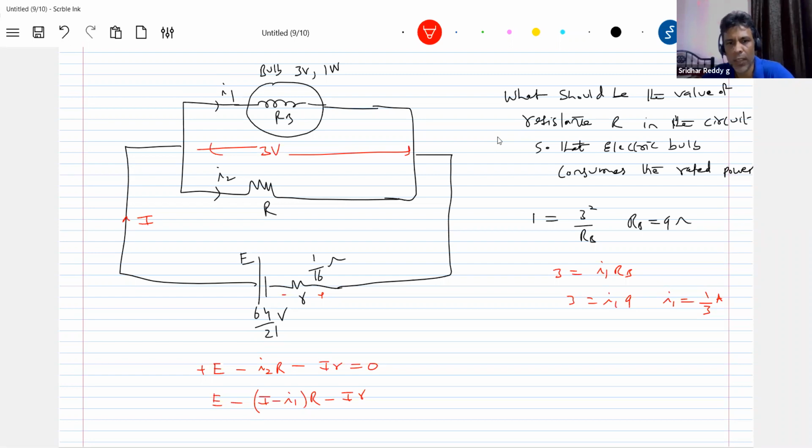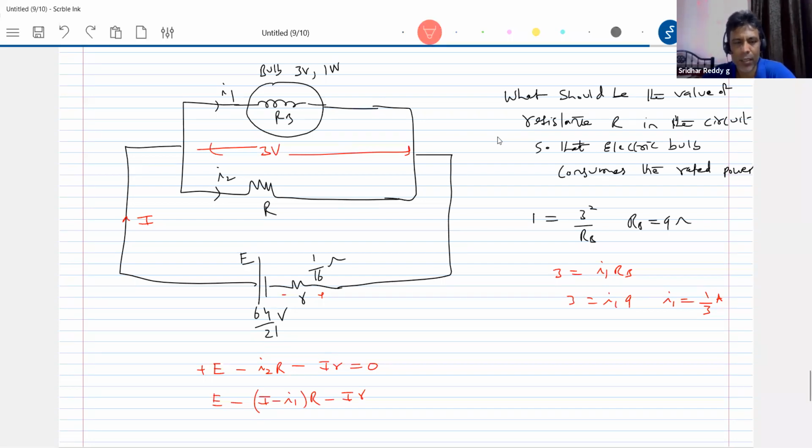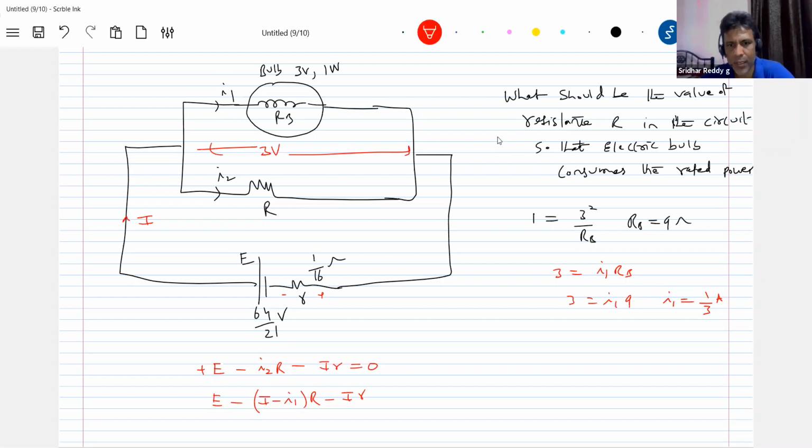Do we know the value of I1? Yes, we know E, we know small r, we don't know I and capital R. So let me write one more loop equation: plus E minus I1 into RB minus I into R equal to 0.